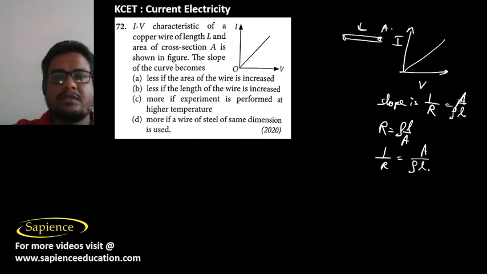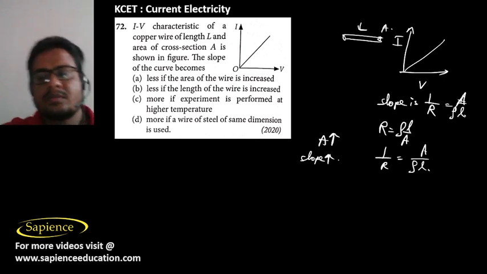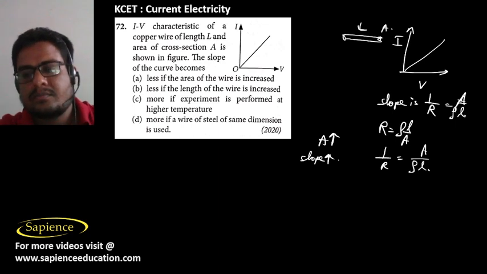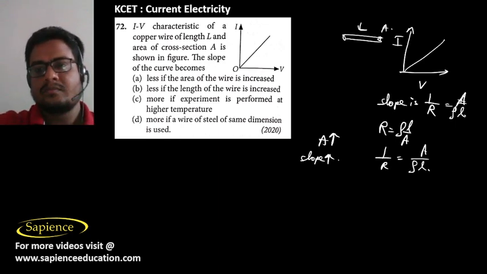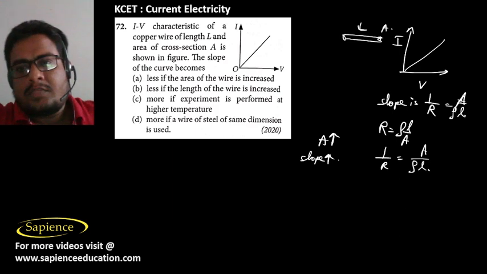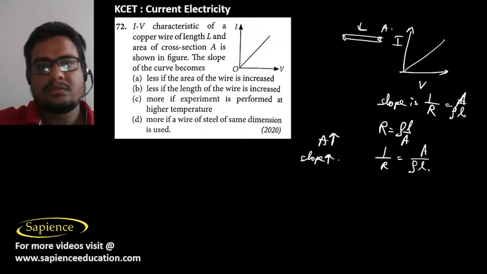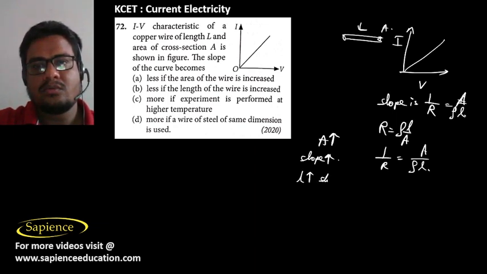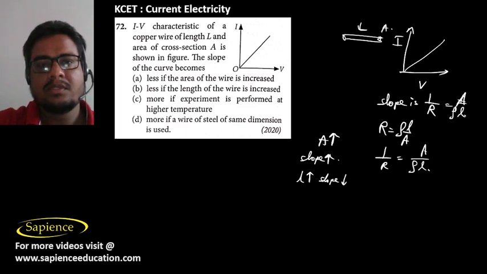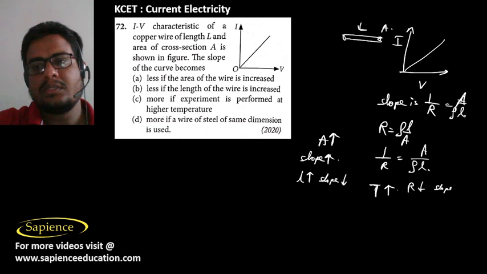It means that if the area is increased, then R decreases and the slope increases. If the length is increased, then the slope decreases. If the experiment is performed at higher temperature, then the resistance increases, so the slope decreases.